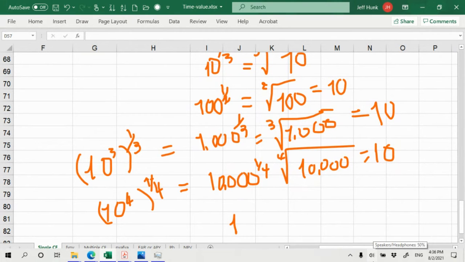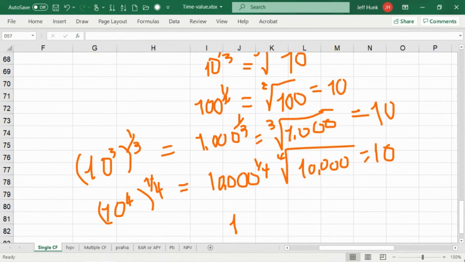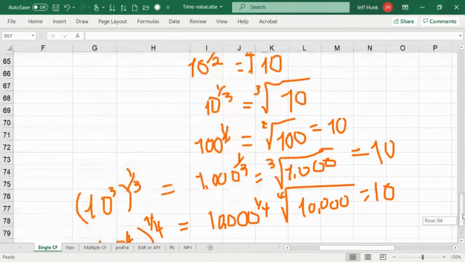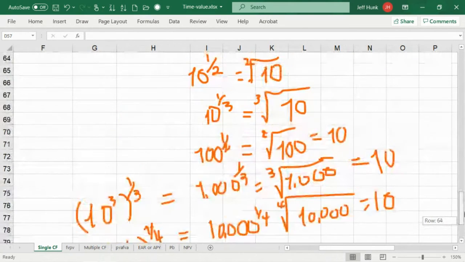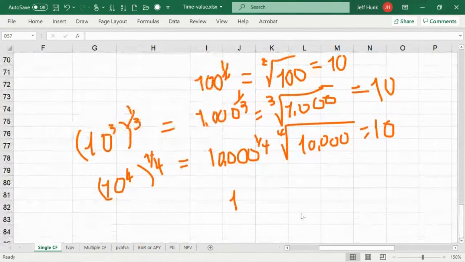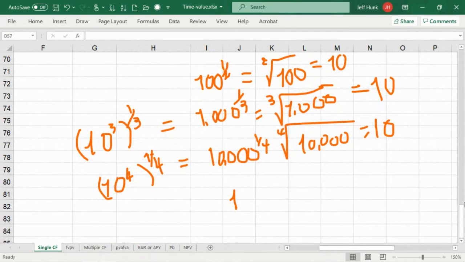Isn't it the same thing? So here we come to a general rule. The general rule is, what did we do here? When we raised 10 to nth power, right?